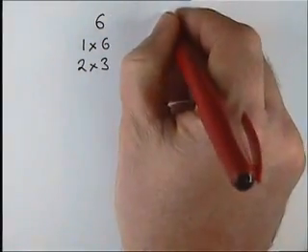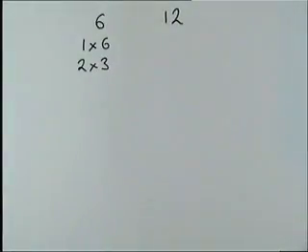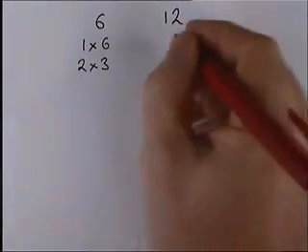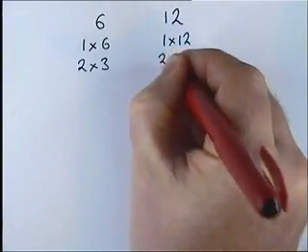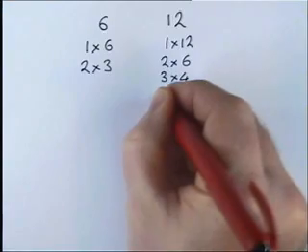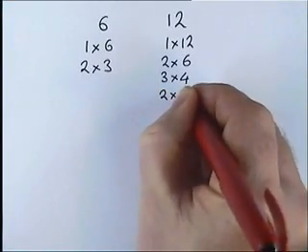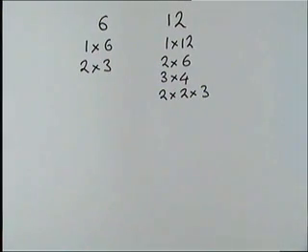Here's another one. See if you can factorise 12. Okay, we've got 1 times 12, 2 times 6, 3 times 4, but we've also got 2 times 2 times 3.